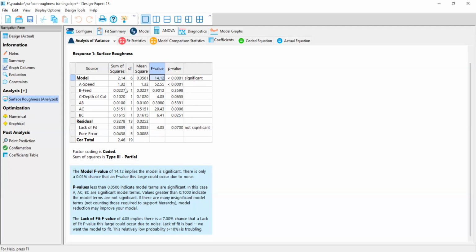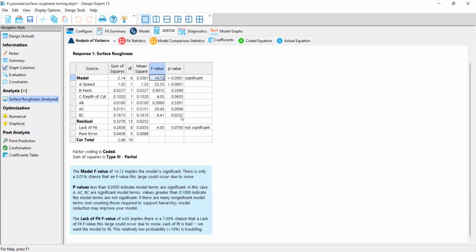Here we can see that speed, the parameter A, has a p-value less than 0.05, and the interaction of A and C, that is speed and depth of cut, and BC, that is the interaction of feed and depth of cut, have p-values less than 0.05.